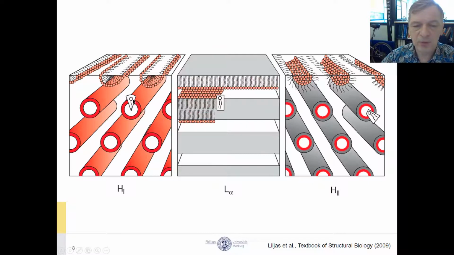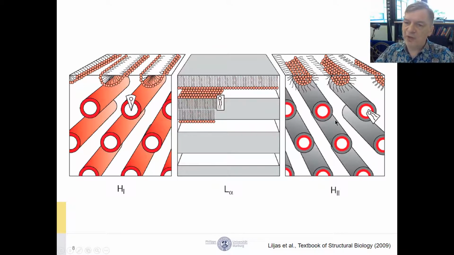For example, dodecyl sulfate, which some of you know now from the practical course, clearly belongs to this type of lipids. At high concentrations it can form either micelles, or in this case some hexagonal phases, with a little bit of water in between, which give rise to this kind of mixed phase of water and detergent.